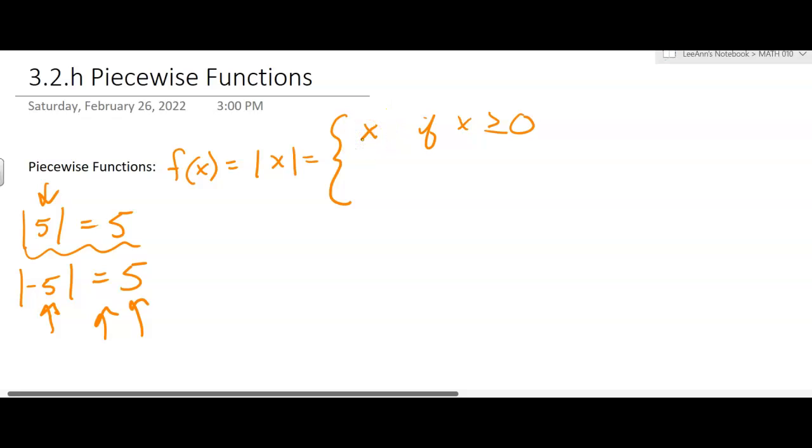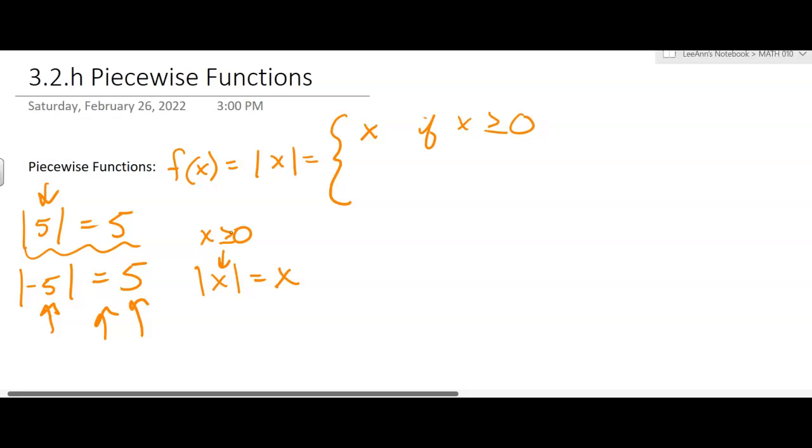You don't change it. So any number, including 0, any positive number, you put it in the absolute value, and you get out the same number, if x is greater than or equal to 0, okay?